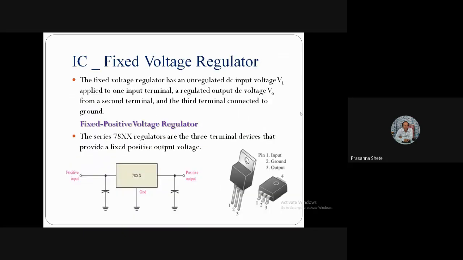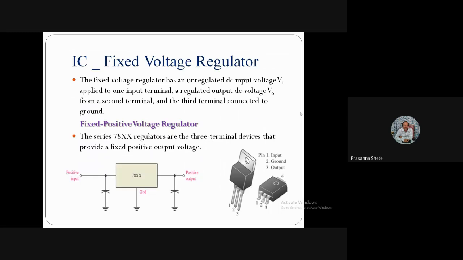Now coming to our particular interest in our syllabus, we are going to talk about the IC fixed voltage regulator. As we were discussing, we have input unregulated DC voltage, that is Vin, and we have output regulated DC voltage V0, and the second terminal which is connected to ground is called the adjustable terminal or ground terminal.